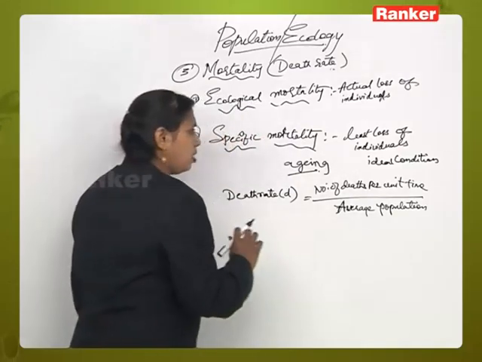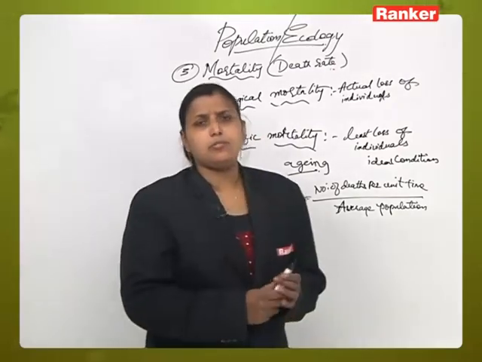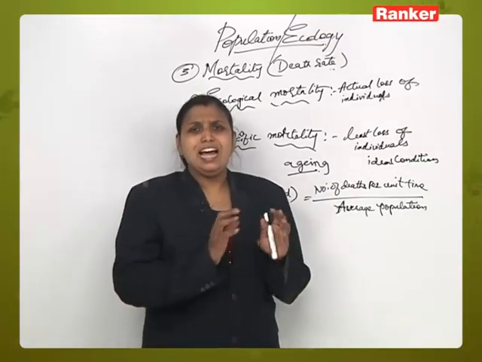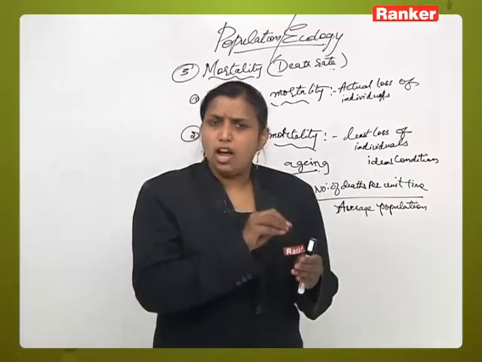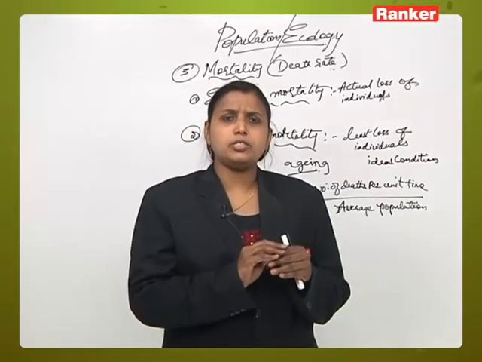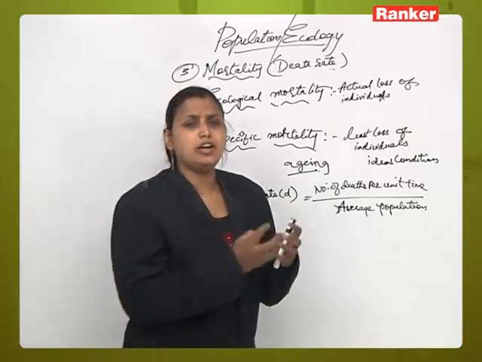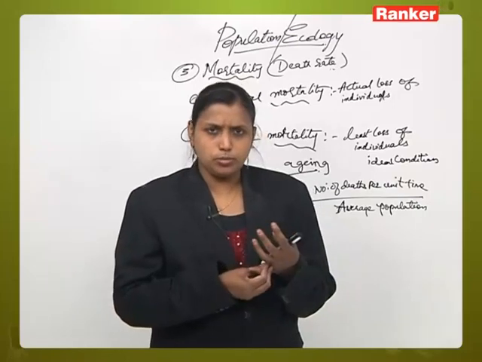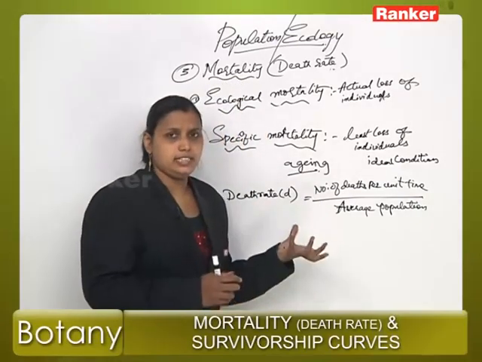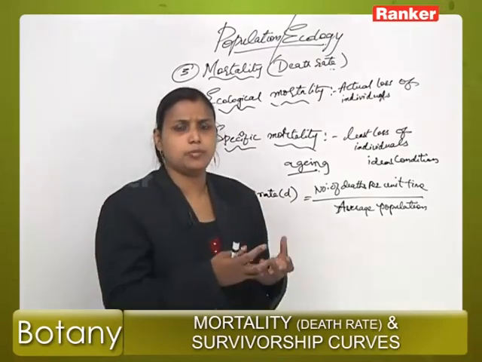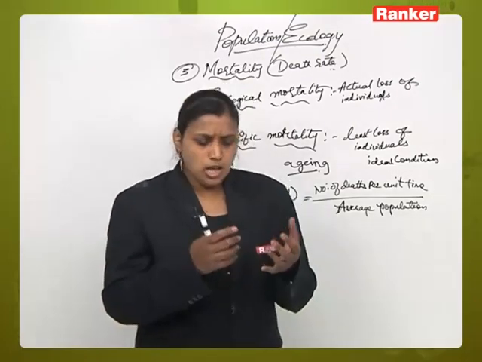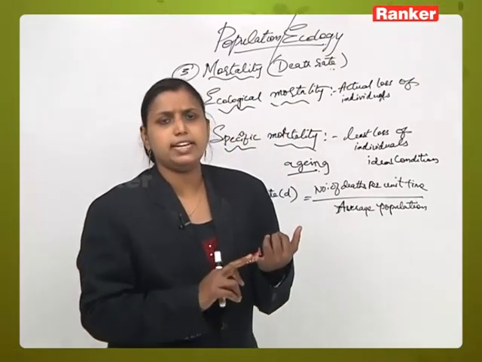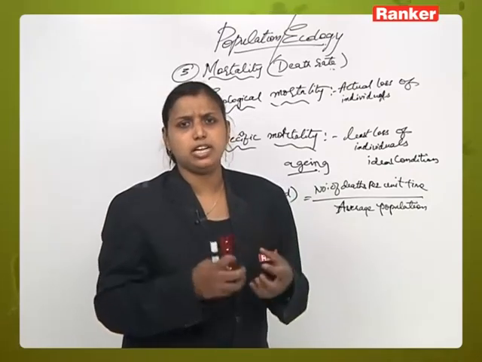Now, when we come to mortality, we can also say that mortality is different for different age groups. For example, if I am sowing 100 seedlings, there are possibilities that all 100 seedlings cannot survive. So we sow more than 100 seeds, because during the process of growth there are basic criteria where crushing or death of seedlings occurs.